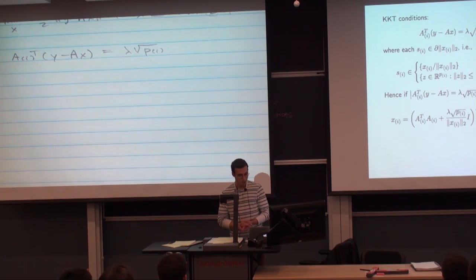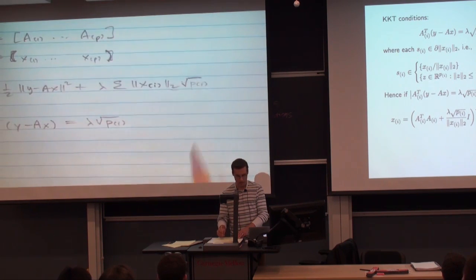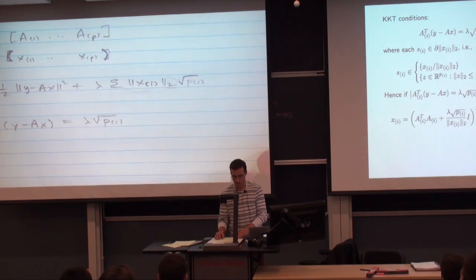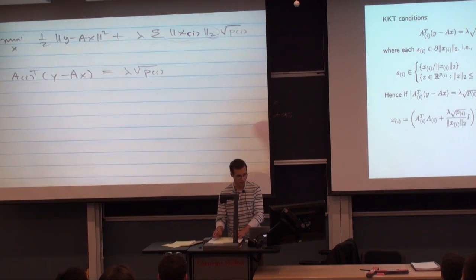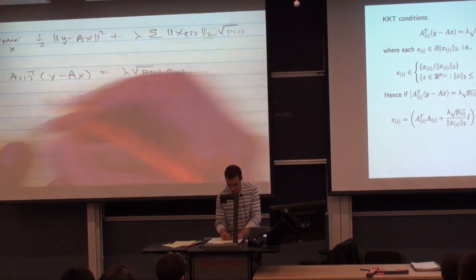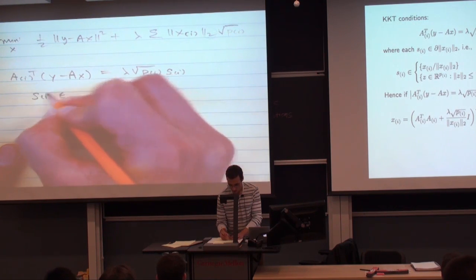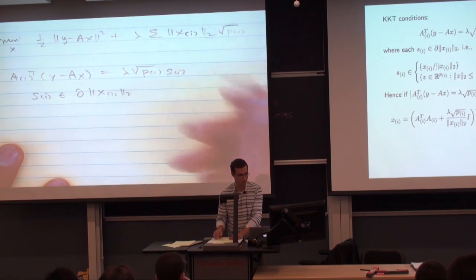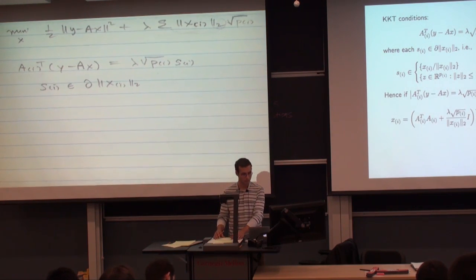block. Well, remember the penalty was just this, right? So if I take the subgradient over the xi block, I just take the subgradient of this because it doesn't appear anywhere else in the sum, and that's just a subgradient of the two norm of x. So I'll call that Si, where Si is a subgradient of the two norm of x over that block of coordinates.